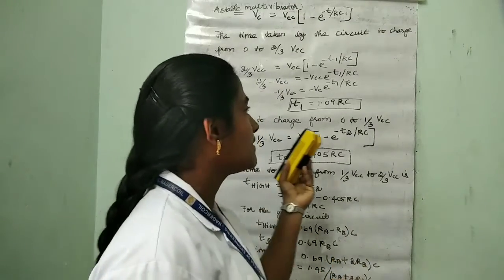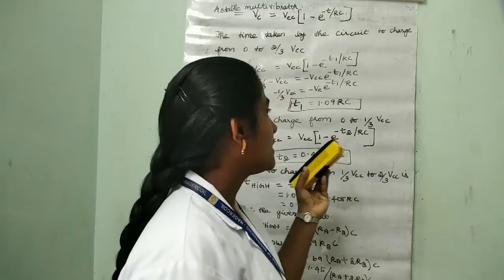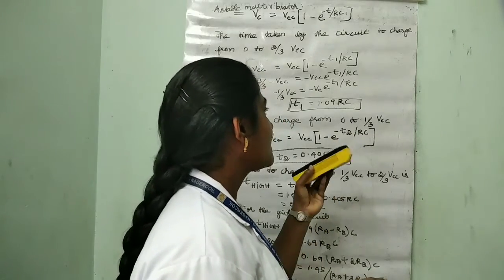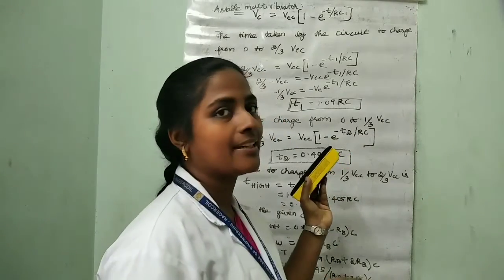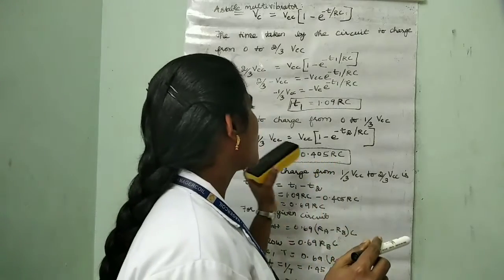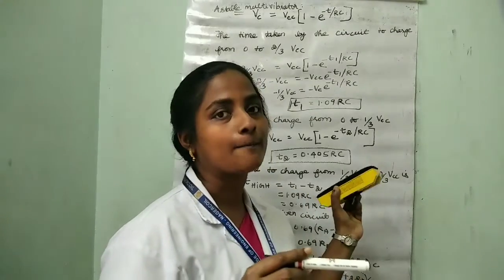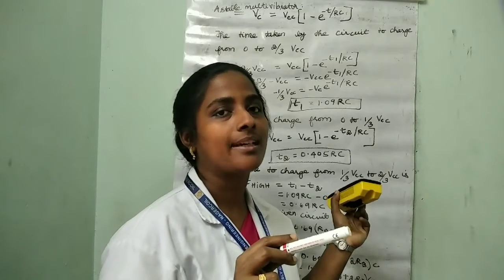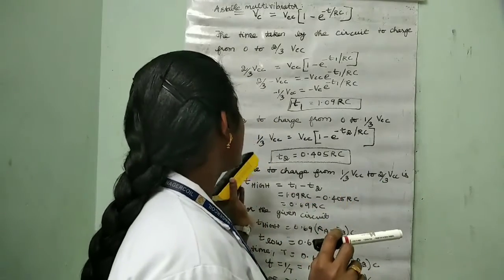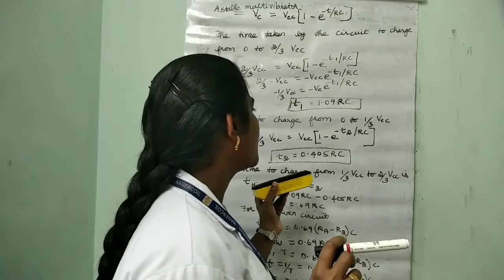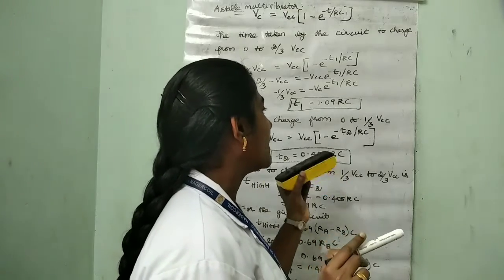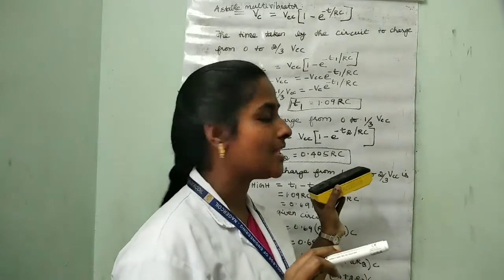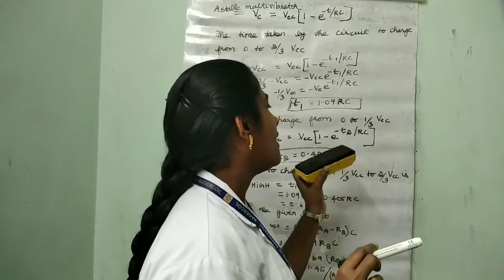So T1 is equal to 1.09 RC. Next at time T2, to charge from 0 to 1/3 VCC, in the place of t, I substitute the value T2. So 1/3 VCC equal to VCC into (1 minus e power minus T2 divided by RC).